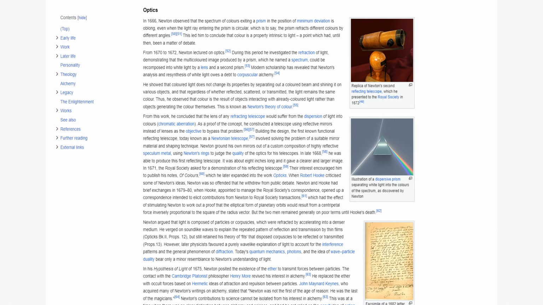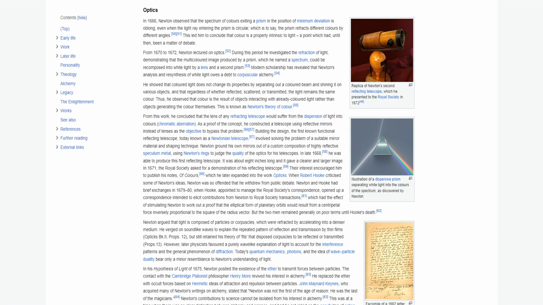In 1671, the Royal Society asked for a demonstration of his reflecting telescope. Their interest encouraged him to publish his notes of colors, which he later expanded into the work Optics. When Robert Hooke criticized some of Newton's ideas, Newton was so offended that he withdrew from public debate.